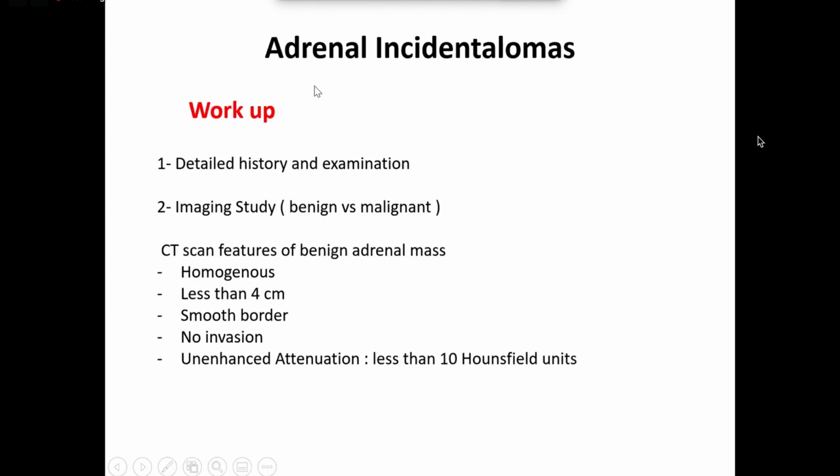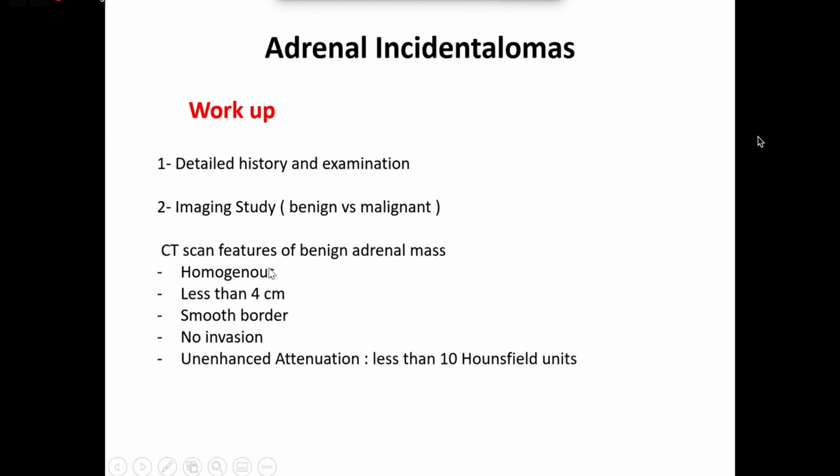So how do we work up a patient with adrenal incidentaloma? Detailed history and examination. So we look for all the symptoms and signs of Cushing, pheo, and primary hyperaldosteronism. And then we sit with the radiologist to discuss the CT finding.